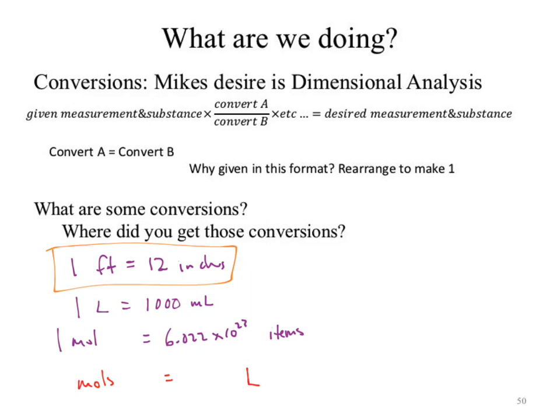A is feet, I would argue. And then what is B? Inches. The numerical value is the thing associated with those two units. Okay? So it does fit that pattern. We're converting feet to inches. Okay? All of these have a massive flaw.